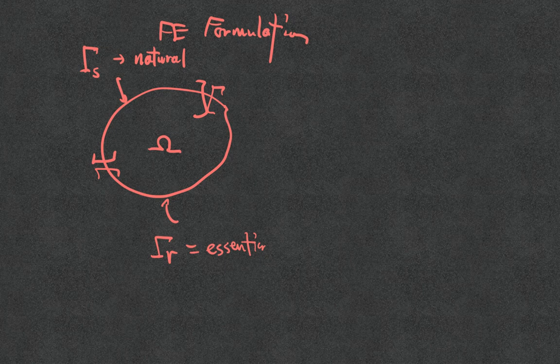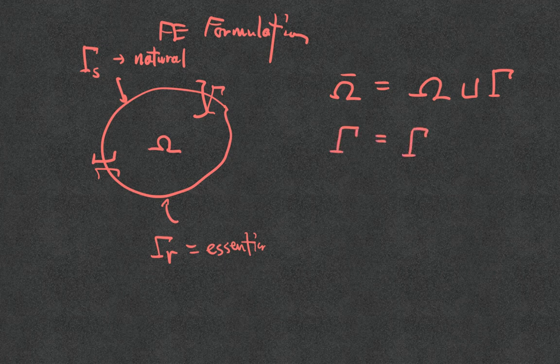Let me write it. The closure of that domain, where we define the problem, is the volume plus the boundary. The union of them added together. The complete boundary is also the union of the natural and the essential boundary conditions.